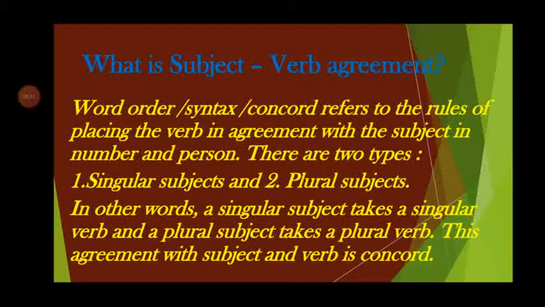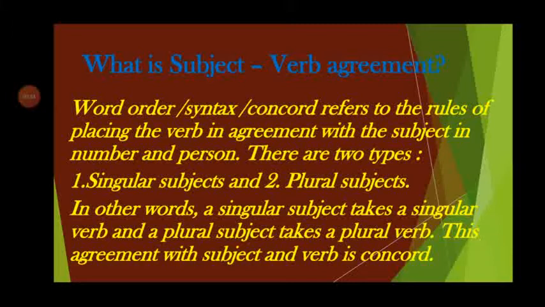What is subject-verb agreement? Word order, syntax, or concord. These are the three usual names we attribute to subject-verb agreement. It refers to the rules of placing the verb in agreement with the subject in number and person.